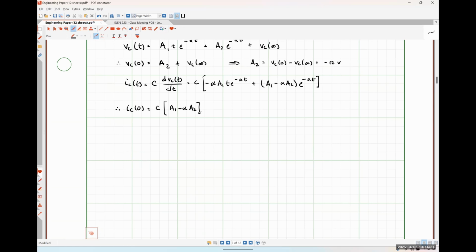So let's play around with this just a quick bit. So that's C times A1. Actually, no. That's boring. IC of 0 over C minus A1.